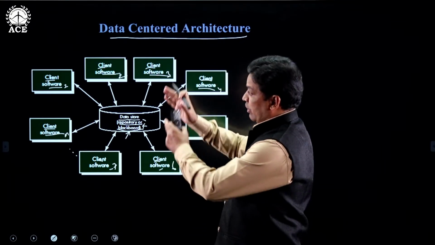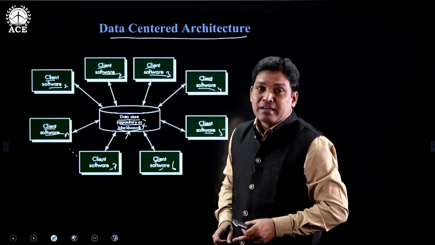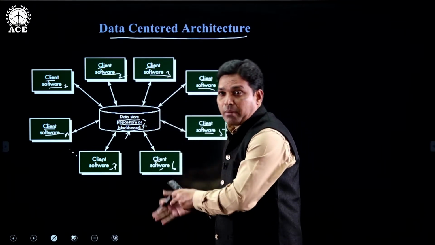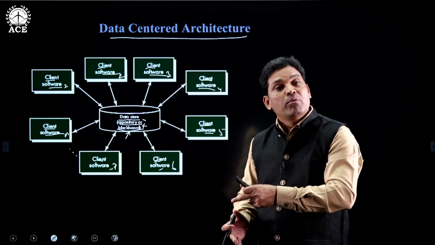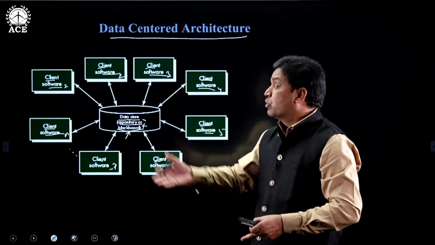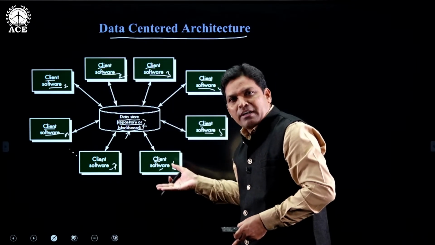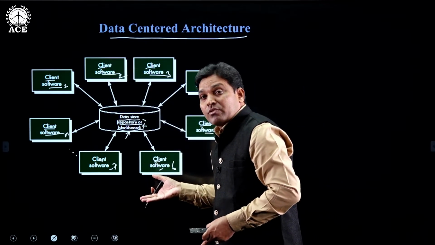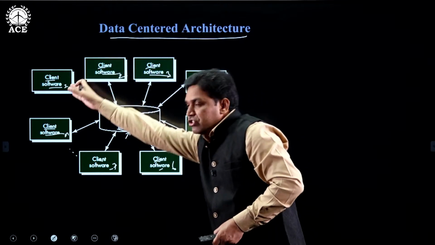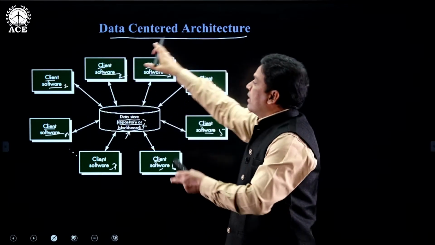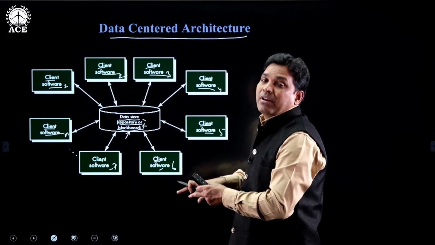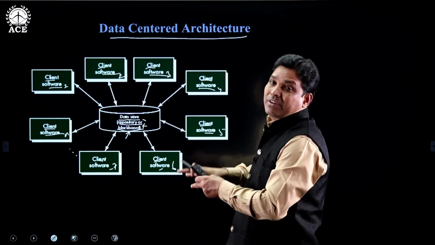That means each and every client can independently add new components and remove existing components. They can do the operations independently. They can access their application services independently. Because of their changes, no other clients will be affected. No other clients will get a problem.